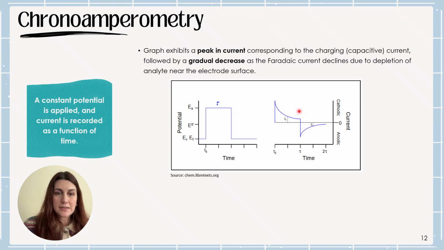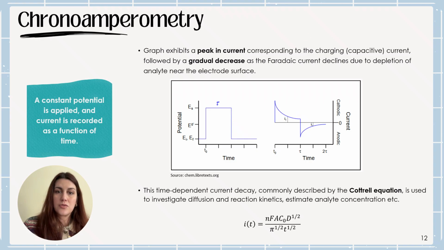This time-dependent decay is described by the Cottrell equation, which essentially tells us that the current is inversely proportional to the square root of time, which reflects the growing diffusion layer as the experiment progresses. And because of these relations, chronoamperometry tells us how an electrochemical system responds over time after a potential step, and it is especially valuable for understanding the interplay between electron transfer and mass transport.